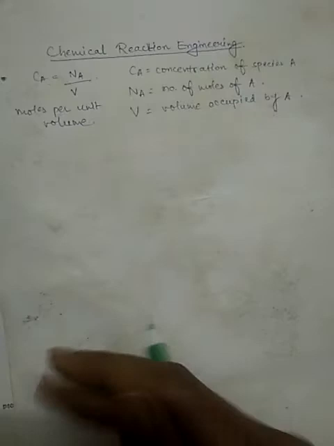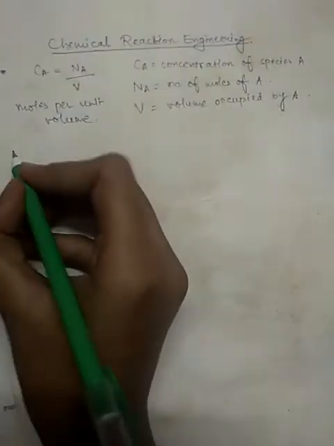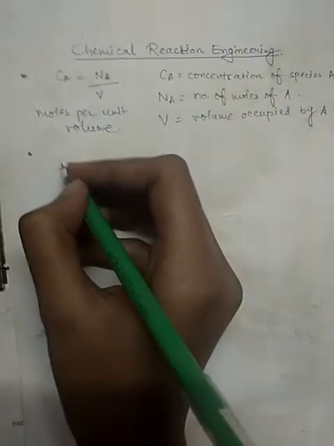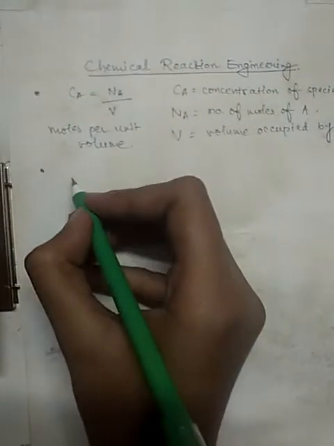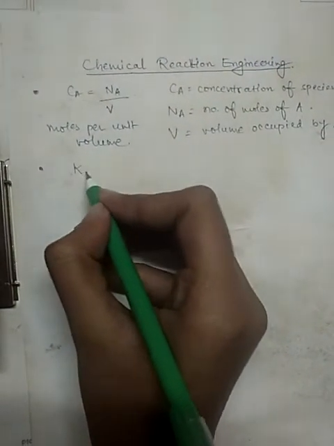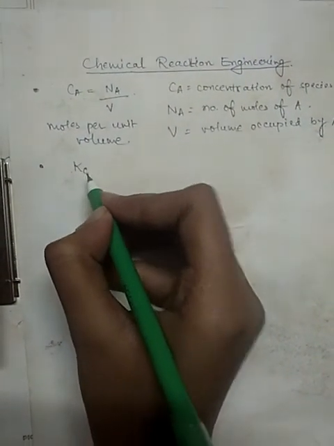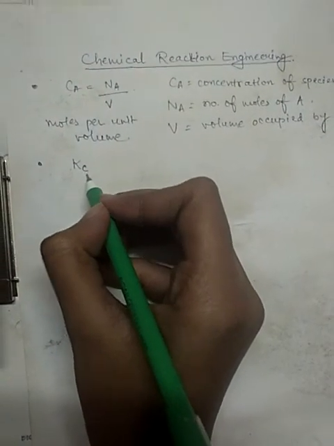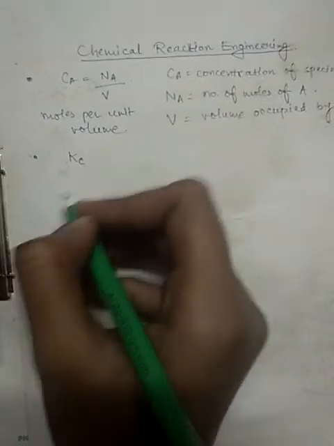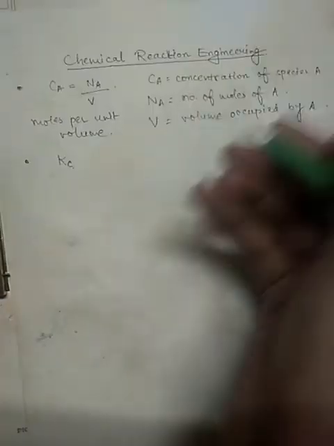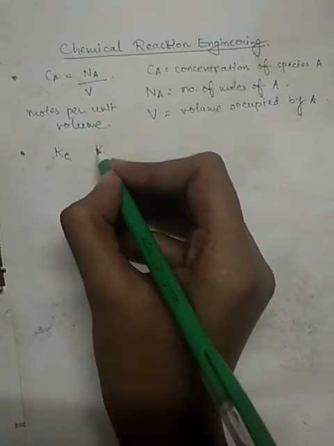Next, I'll tell you a relation. Suppose you get a question where you know the equilibrium constant for a particular chemical reaction with respect to concentration, and you have to calculate the equilibrium constant with respect to partial pressure for the same. How do you do that?